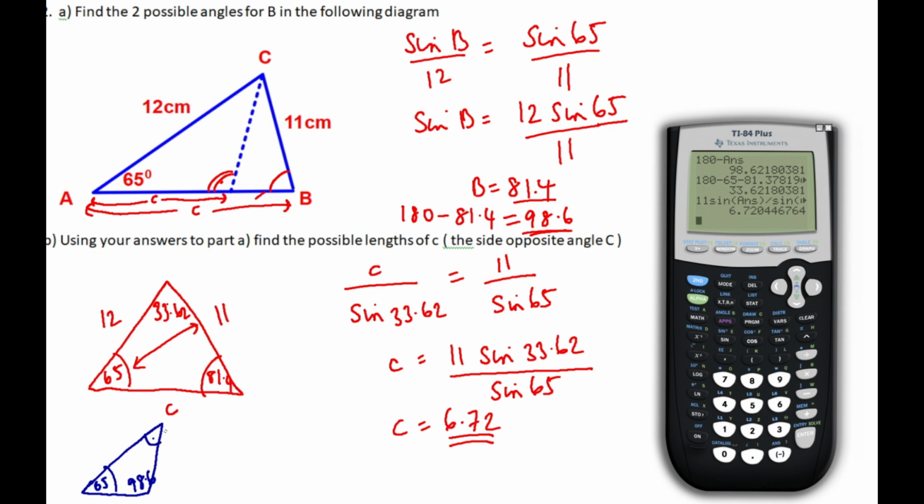So I'm just going to do the same thing that I did before. So 180 minus 65 minus the 98.6. Okay, so that gives me the angle at the top of 16.37.